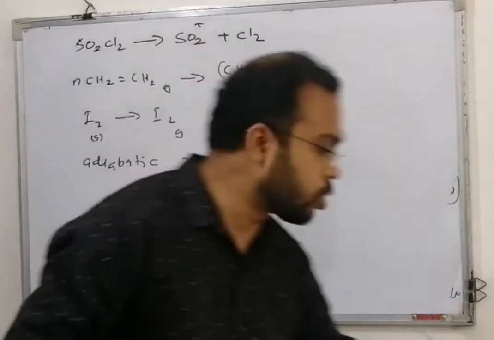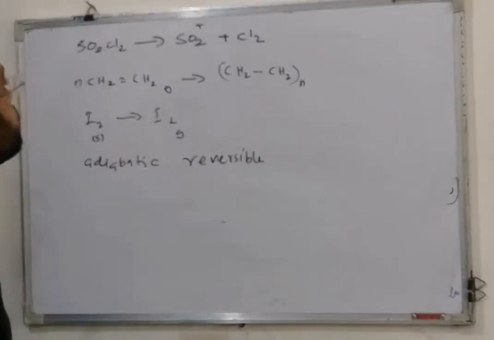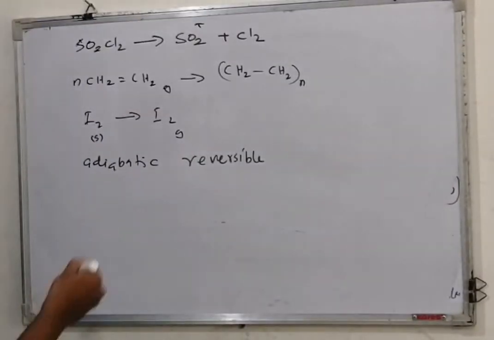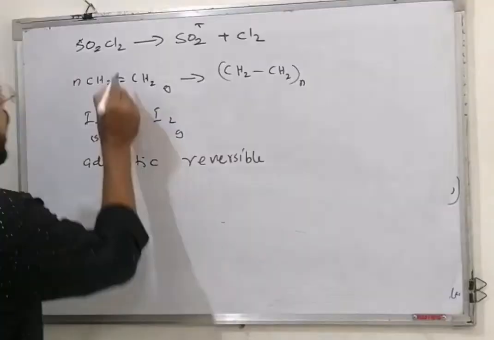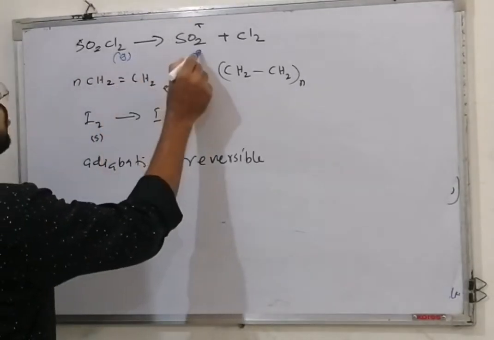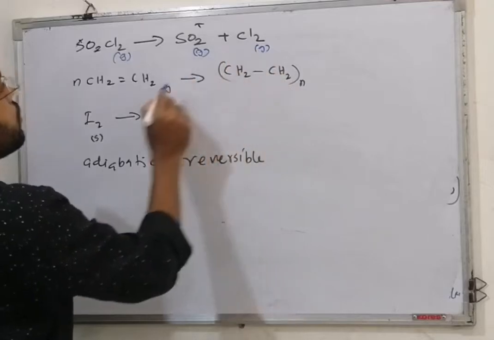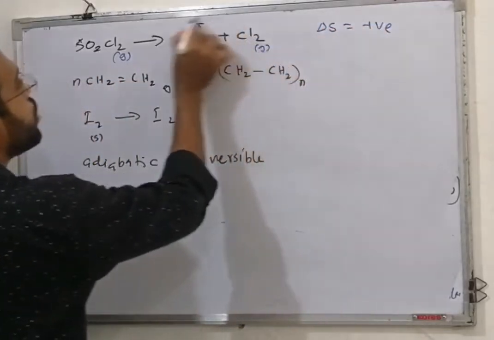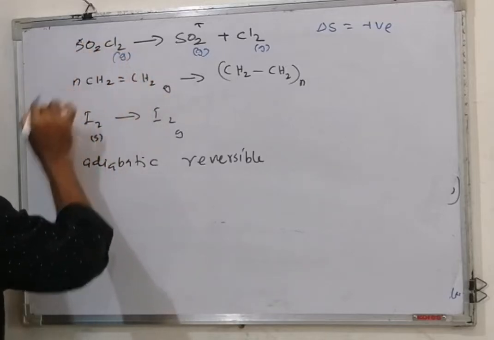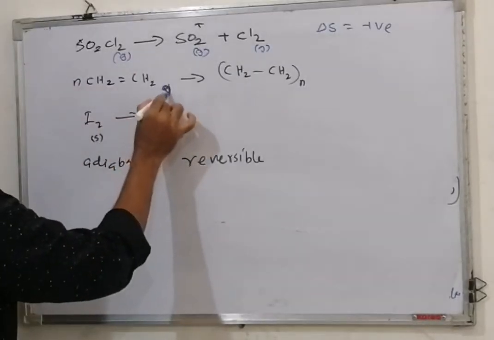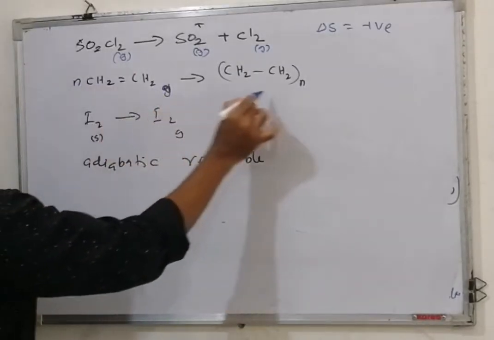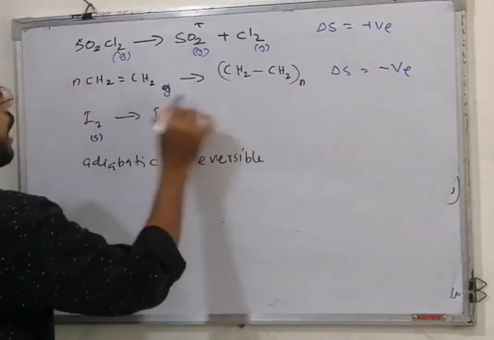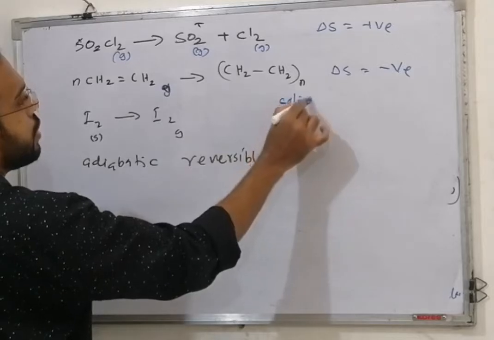Okay, identify the entropy change of these processes. Here, SOCl2 gas becomes SO2 gas and Cl2 gas. Here delta S is positive because here 2 gas, here only 1 mole gas. Here it is a gas, n moles of this become polymer. Here delta S is negative because gas becomes polymer, solid.